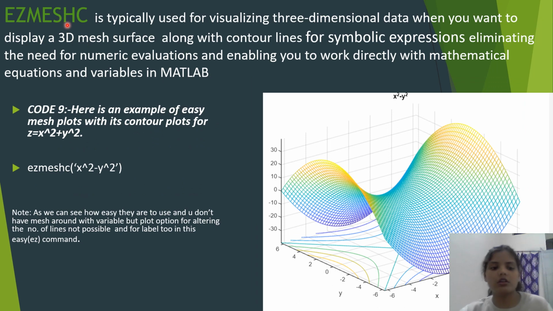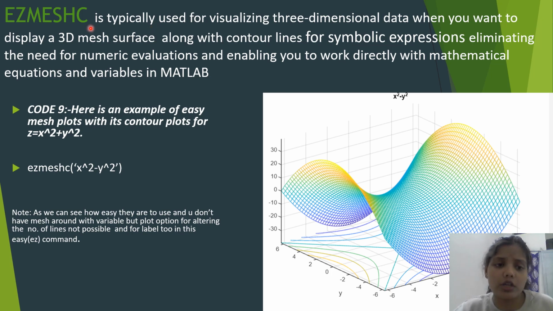So the last one is ezmeshc. It is typically used for visualizing three-dimensional data when you want to display a 3D mesh surface along with contour lines for symbolic expressions, eliminating the need for numerical evaluation and enabling you to work directly with mathematical equations with variables in MATLAB.